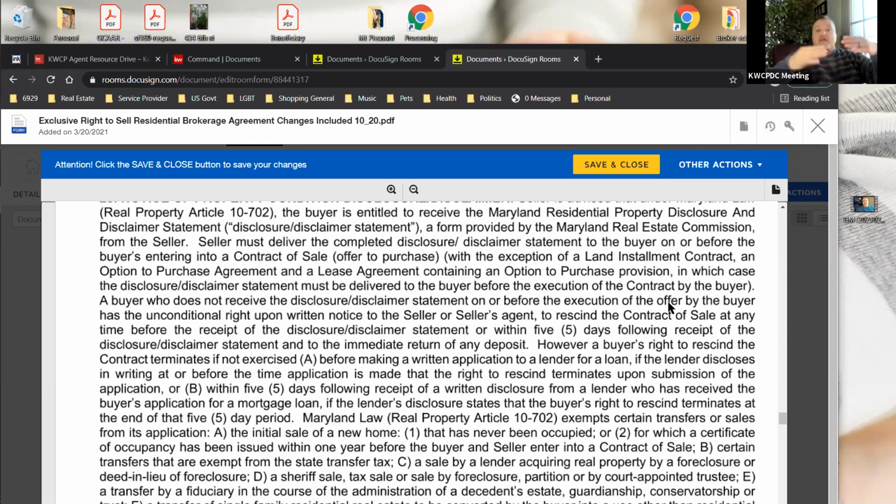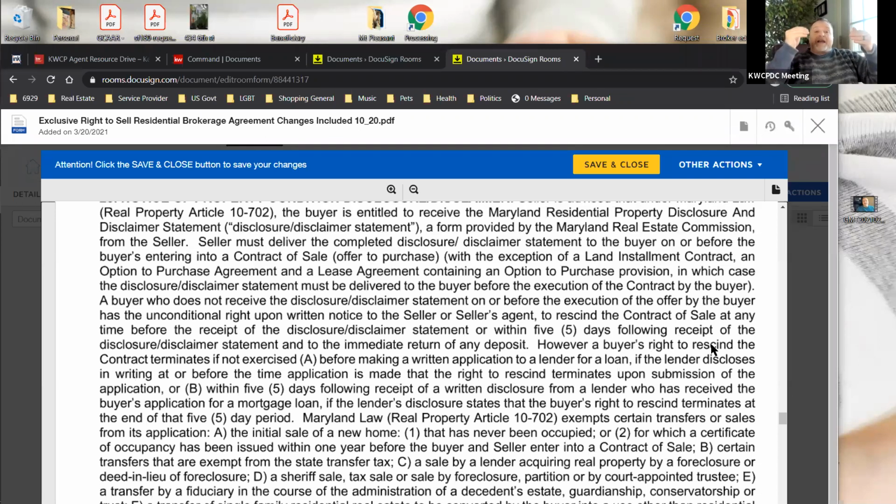So if you ratify a contract today and you have not delivered the property disclosure to the buyer, the buyer has a right to void the contract until you deliver it, plus an additional 5 days following receipt of it.